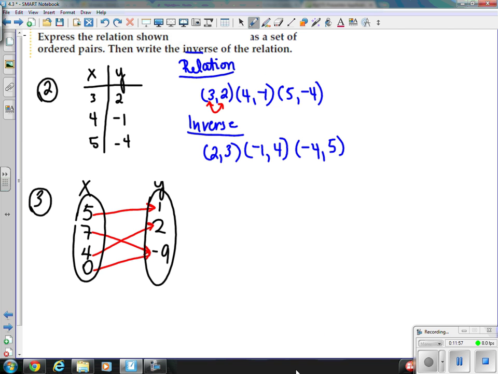So example 3, we're given a mapping, and we're given our x values are 5, 7, 4, 0. Our y values are 1, 2, and -9. And we're asked to, once again, write it as a relation.